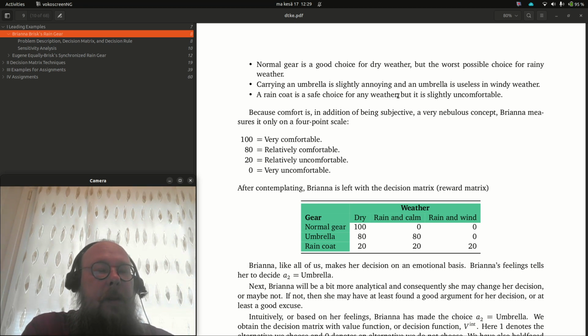So these are the ideas on which the reward matrix, or decision matrix, is built.